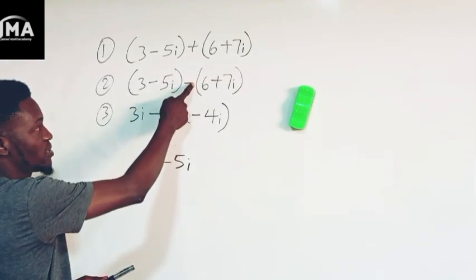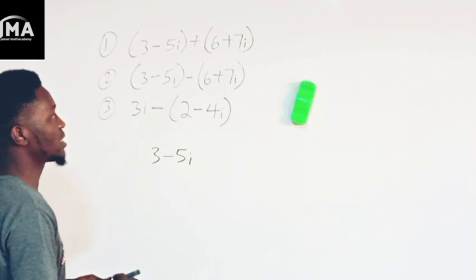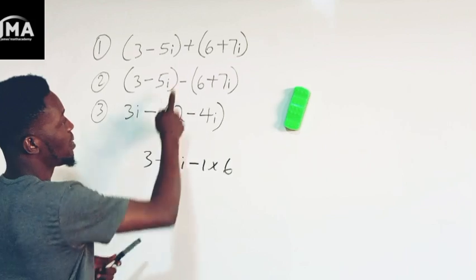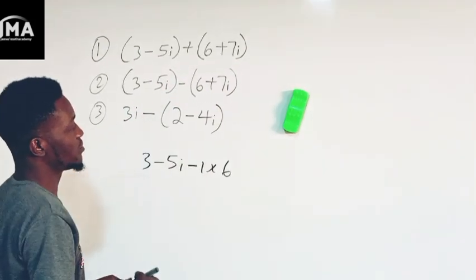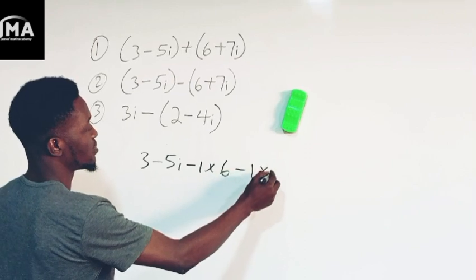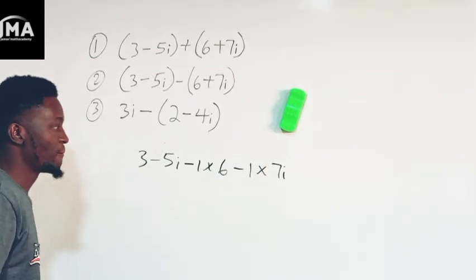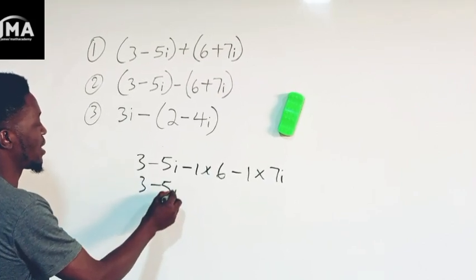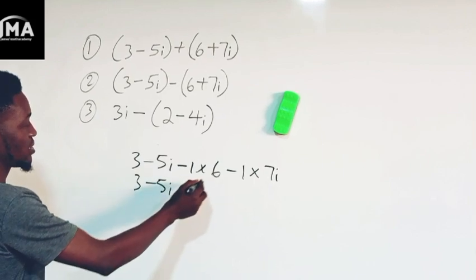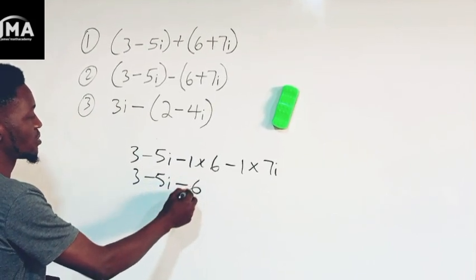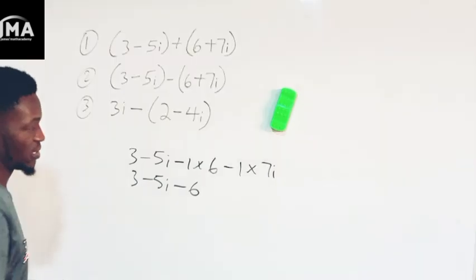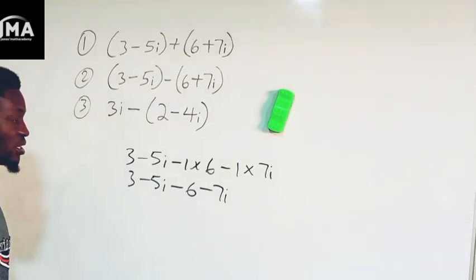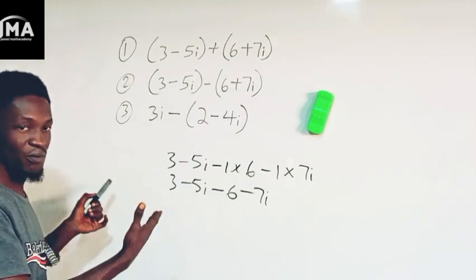But because of this minus sign, it becomes minus one times 6, then minus one times plus 7i. So we have 3 minus 5i minus 6, since minus 1 times 6 is minus 6, and minus 1 times 7i is minus 7i. The next step is to collect like terms together.